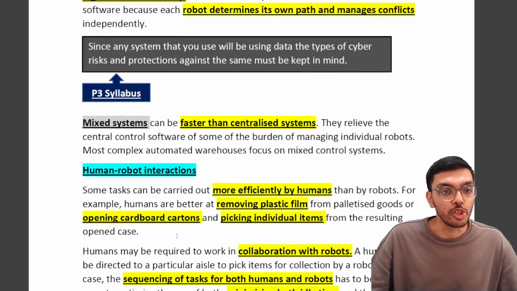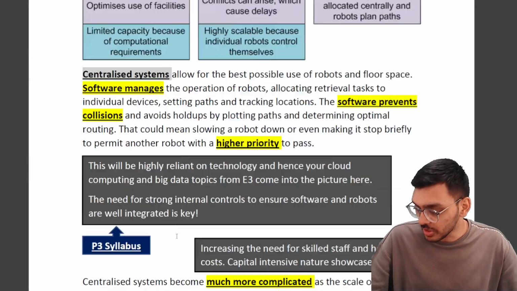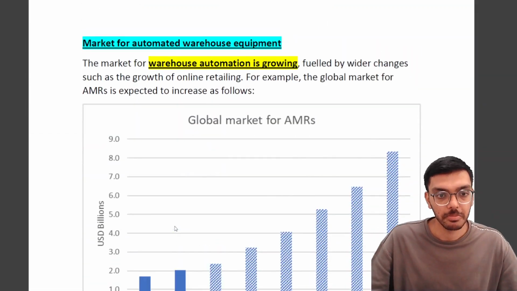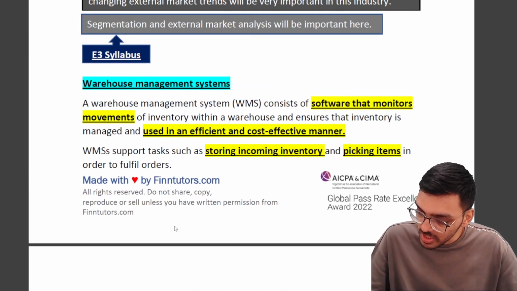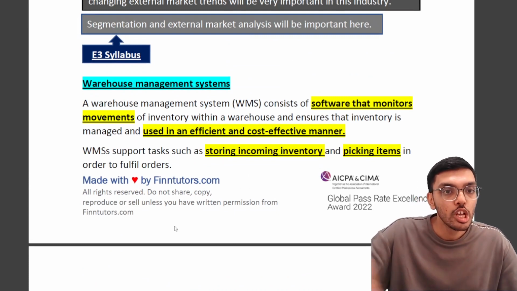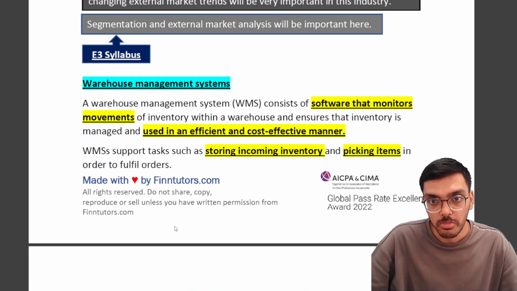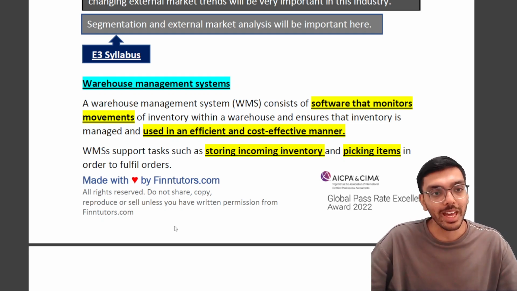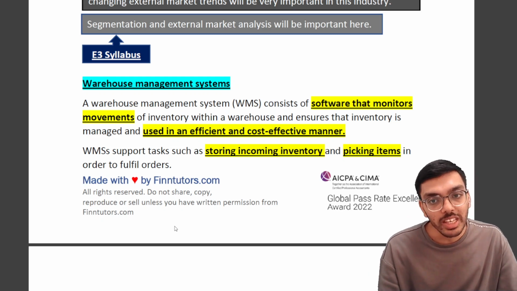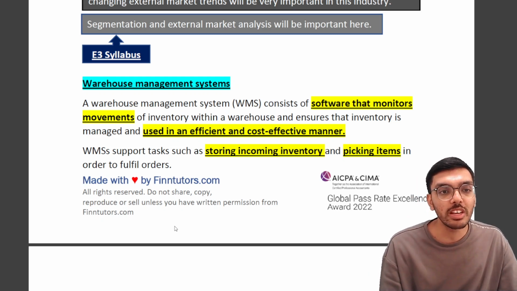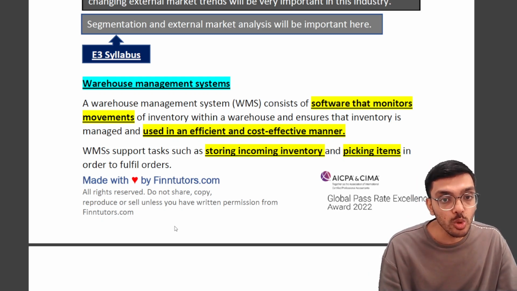So this was human and robot interactions that we did. Next, we are moving to warehouse management systems. A warehouse management system consists of software that monitors movements of inventory within a warehouse and ensures that inventory is managed and used in an efficient and cost-effective manner.